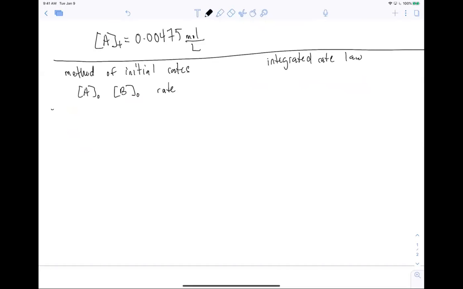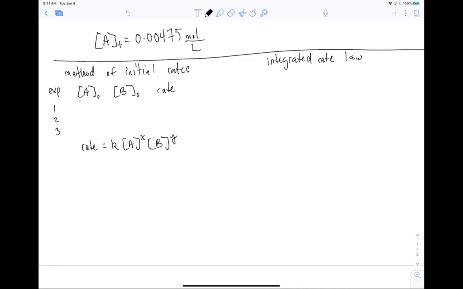And we'll have experiment 1, 2, 3, etc. And so you'll have all these values in here, and you note that I'm trying to relate it to the rate, so we're dealing with the rate law in this form. Method of initial rates deals with the differential rate law.